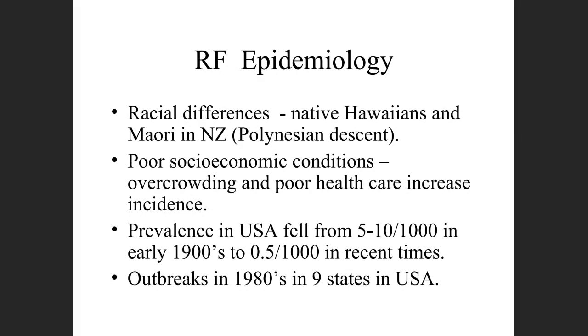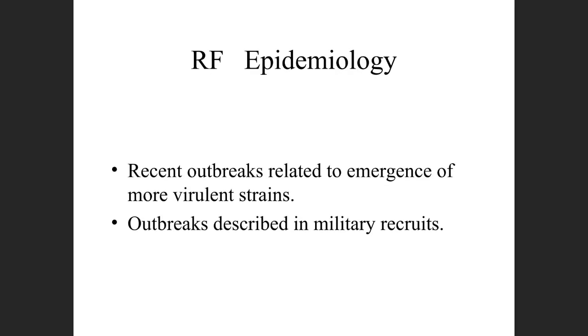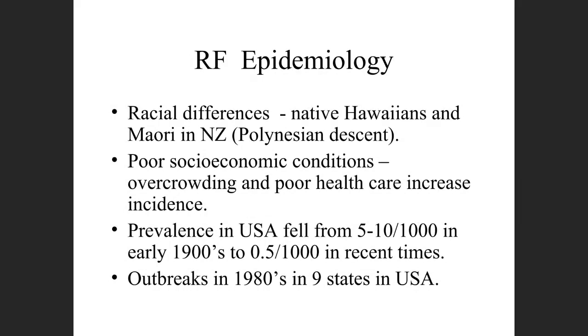The prevalence in the USA fell from about 5 to 10 per thousand in the early 1900s to less than 0.5 per thousand in recent times. In the 1980s, there were a number of outbreaks in certain states in America, and the exact cause hasn't been found, but it's been suggested that there were more virulent organisms circulating at that time.